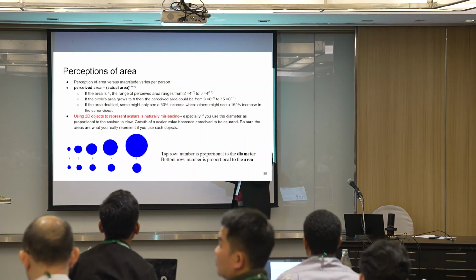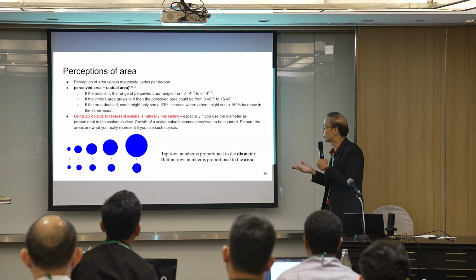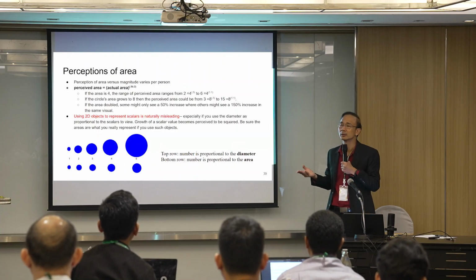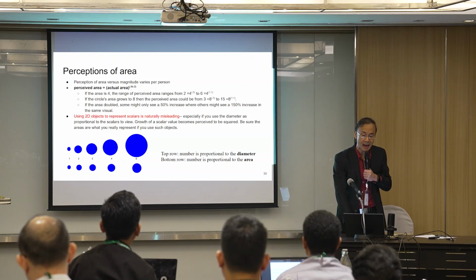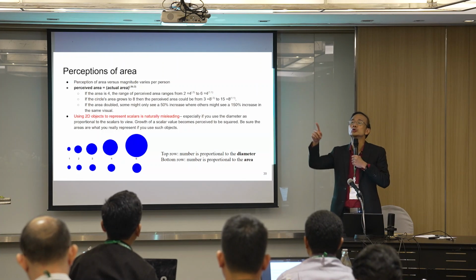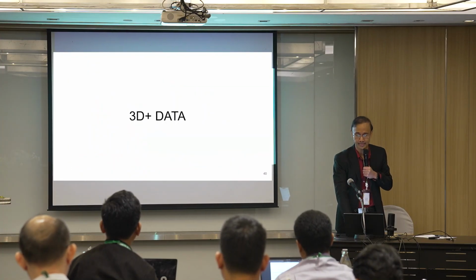So that's also something you have to be careful about. Unless you want to trick someone, maybe you can use a bubble plot. But in many cases, you have to be careful if you want to use area to present a numeric number.